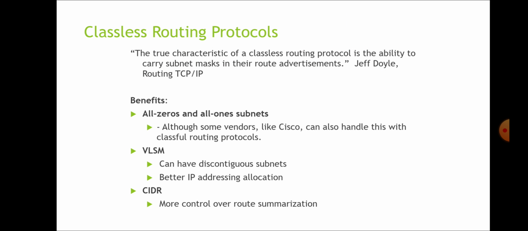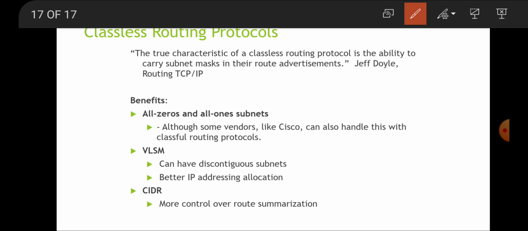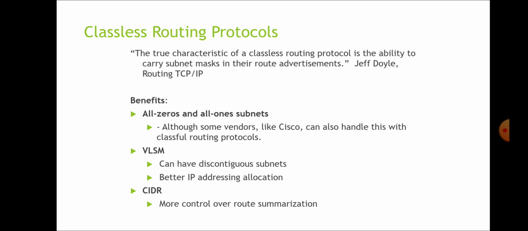And what are the advantages of VLSM? You can have discontiguous subnets and better IP address allocation. Okay, so very few IP addresses are wasted. And now CIDR gives more control over route summarization. Okay, so this is how classless routing protocols benefit.